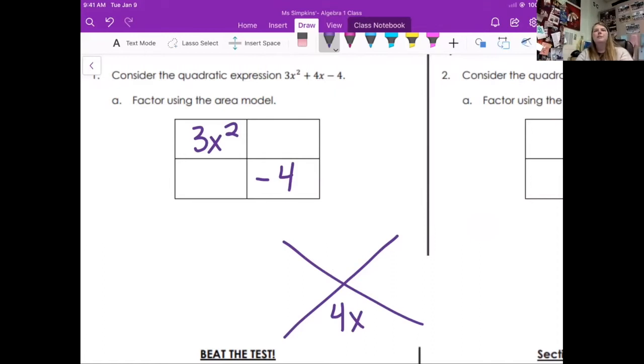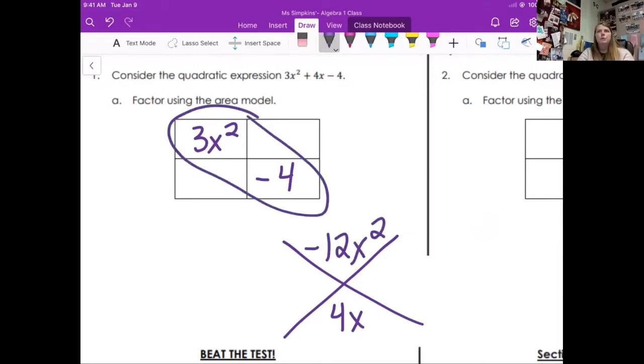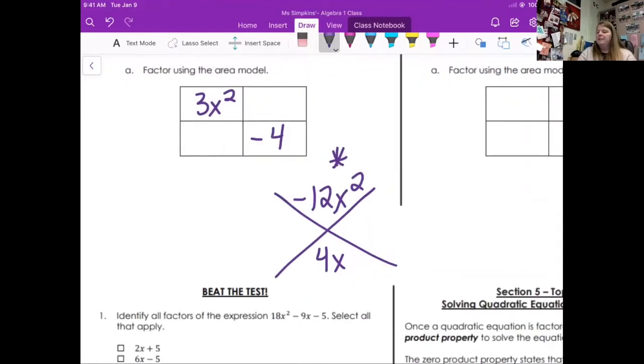What's the product of 3x squared and -4? -12x squared. All I did was multiply those 2 things together. So here's the game. You need to figure out 2 terms that will multiply to get -12x squared, and at the same time, those 2 terms add to get 4x.